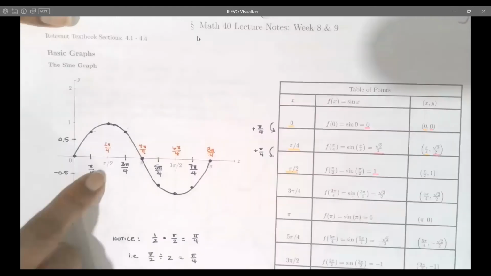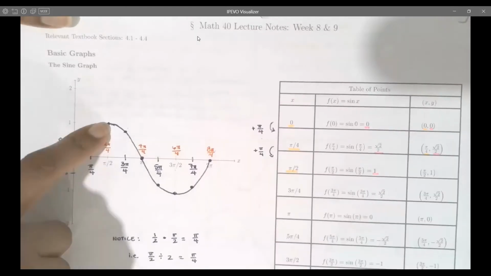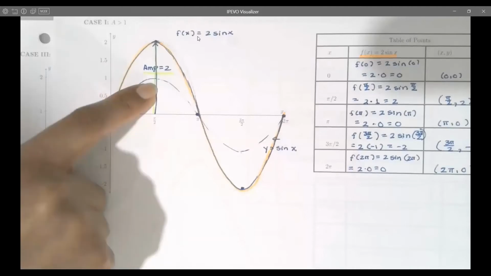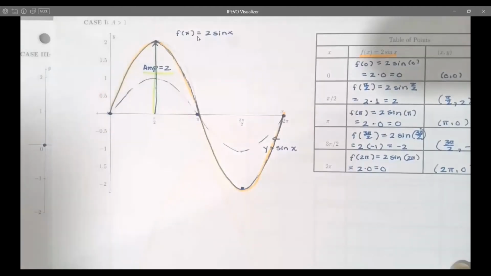At pi over 2, we reached 1. You can see that at pi over 2, sine is 1. So then we write that here.